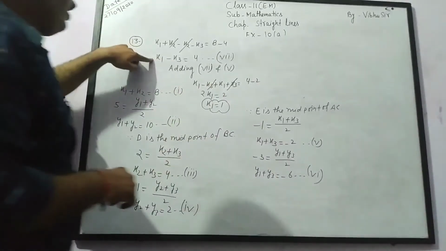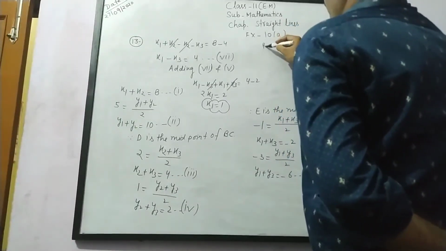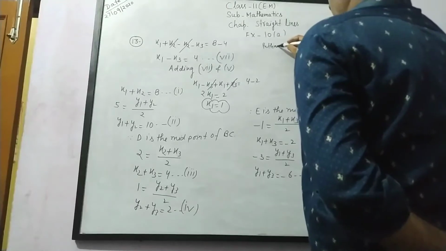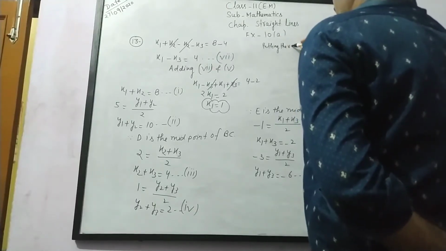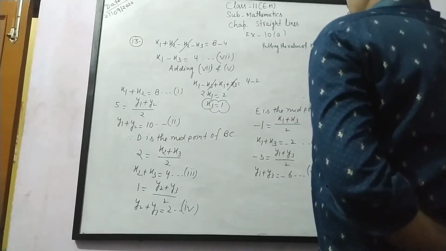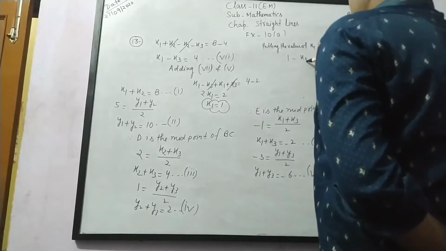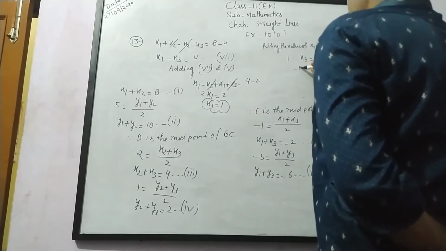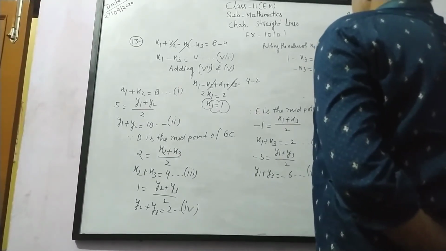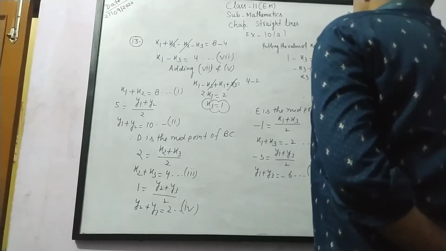Putting the value of x1 in equation number 7, so 1 minus x3 equals 4, minus x3 equals 3, therefore x3 equals minus 3.